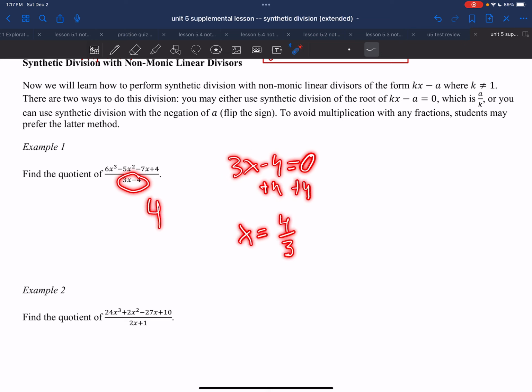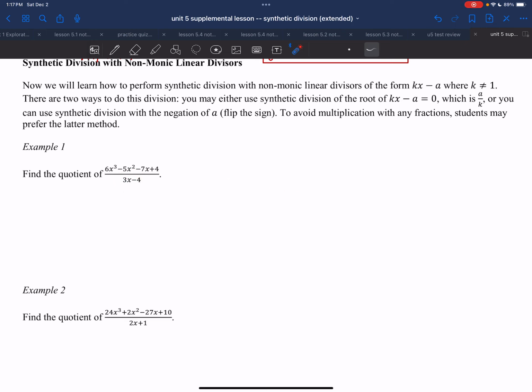You could set up synthetic division with 4/3, but you'll have to be careful with that, because if you use synthetic division of 4/3, the factor you're testing or dividing by is actually x minus 4/3 and not 3x minus 4. You see, this and this actually have the same root, but they're technically not the same polynomial, right? So I would be careful with that.